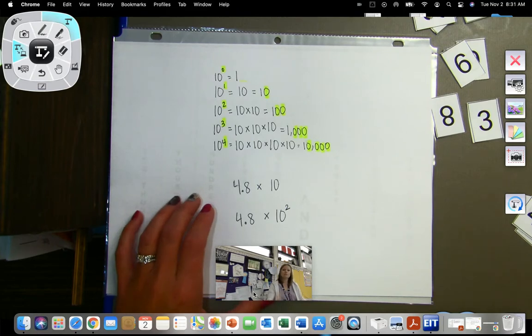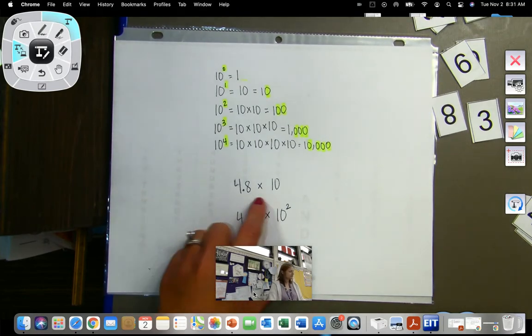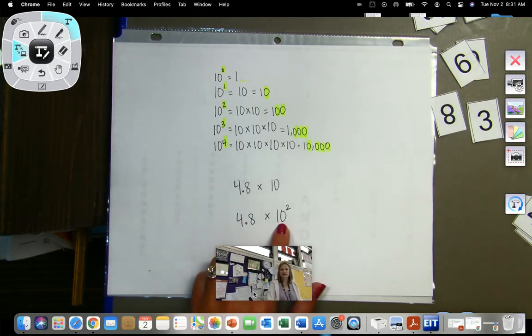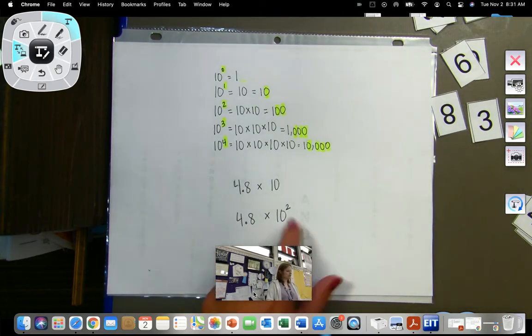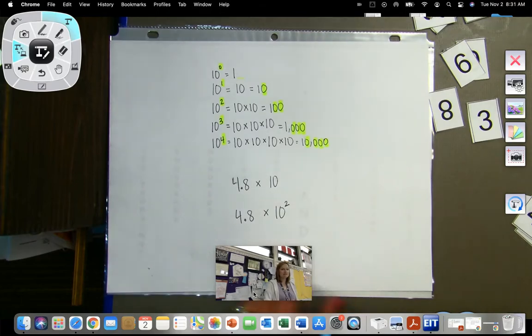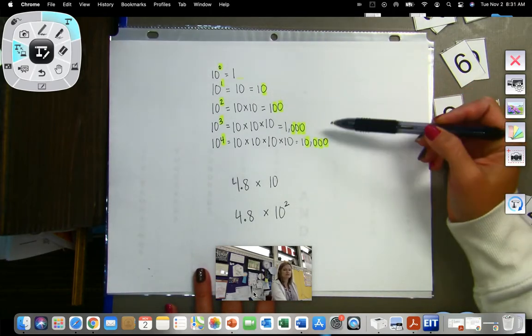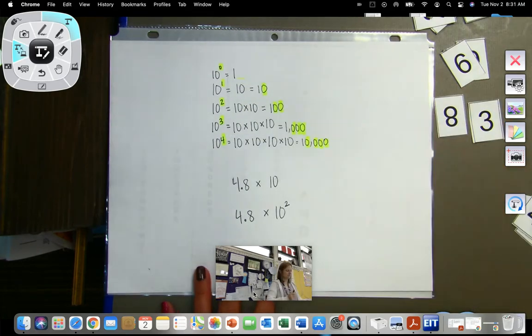But you need to understand why. When we have 4.8, we're making 4.8 10 times bigger, okay? And with the second equation, you're making it 100 times bigger, okay? So what you're really doing is multiplying by 10 or 100. And I wanted to show you both because you're going to see some where you're multiplying by 10, 100, 1,000, or 10,000, or you're going to see it with the exponential number right here, okay?